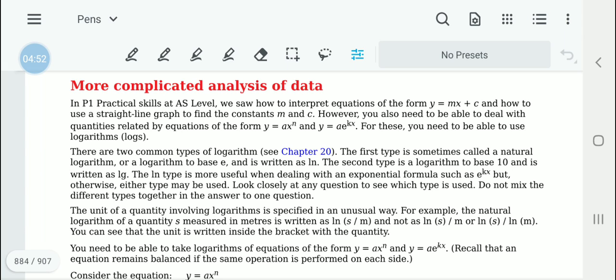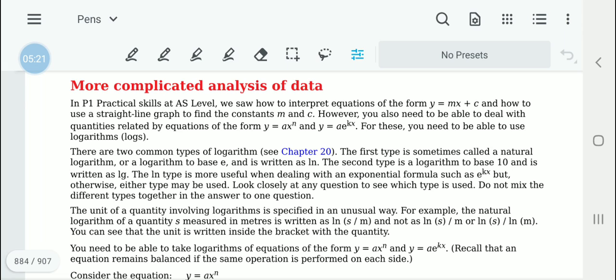Now there are two types of logarithms: natural logarithm, or logarithm to the base e, which is written as ln, and logarithm to the base 10, which is written as lg. The ln type is used most often when we are talking about exponential formulas such as e to the power kx. But if not, we can use it for simple calculations. We can use any of these.